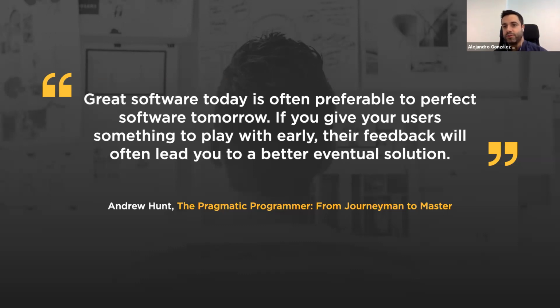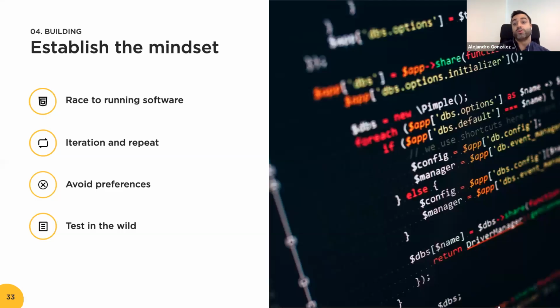You have to be really focused on, okay, I need to launch something really fast on the market. I need to test my idea, okay? We were doing that on the design part, but in a real platform, as soon as you launch your real platform, you are going to get feedback earlier, right? And here you need to establish the mindset. As I said, you need to be really focused on the race to running software. Okay, I need to develop.